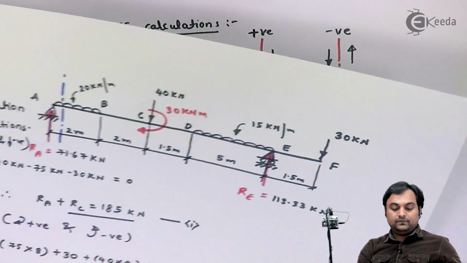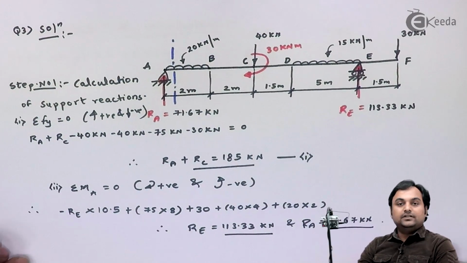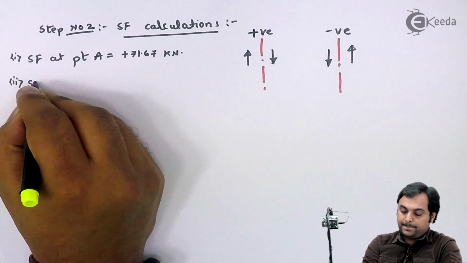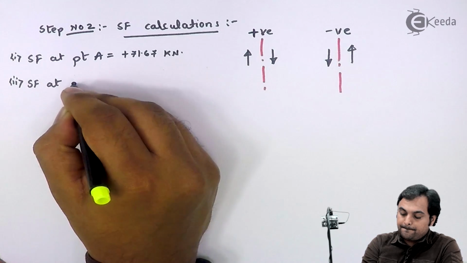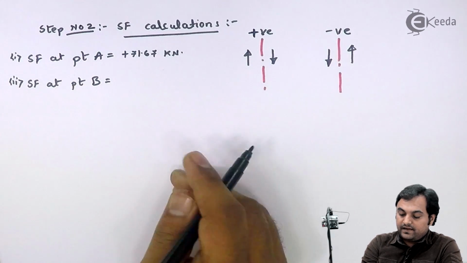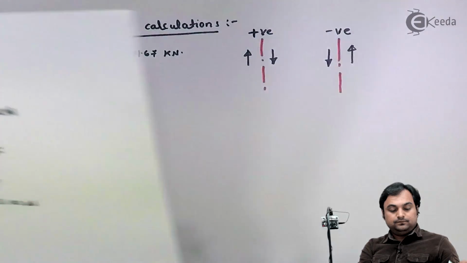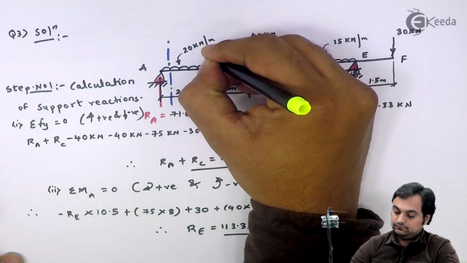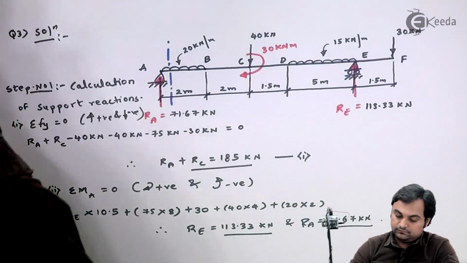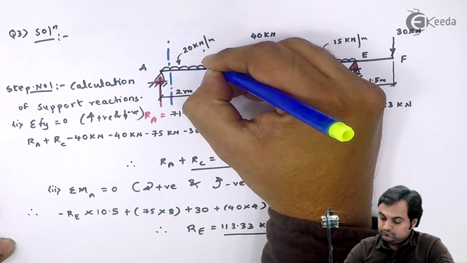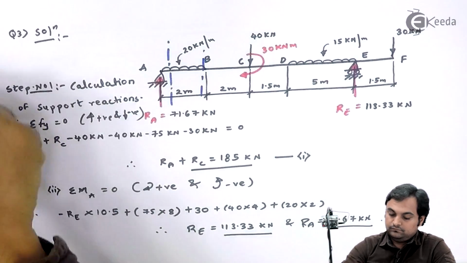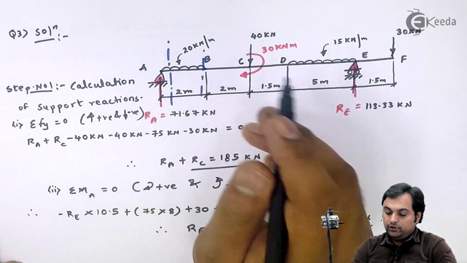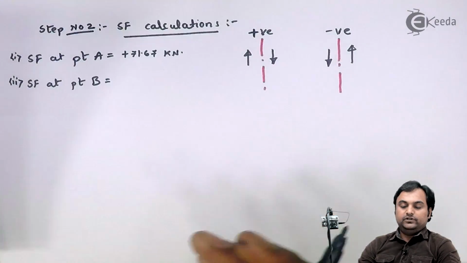Then after this I will be calculating shear force at point B. And that value is, my section is at point B. So here I have 71.67 as upward, 20 into 2, that is 40 into downward direction.